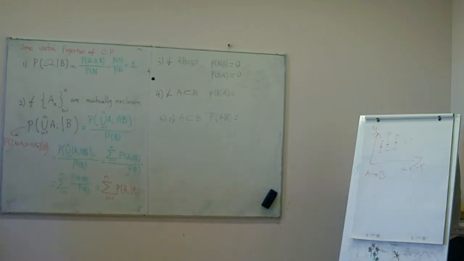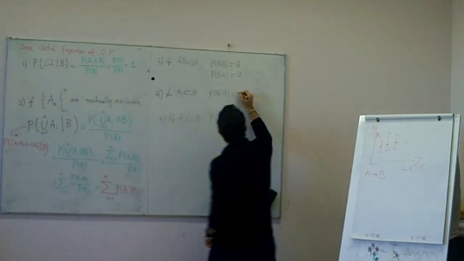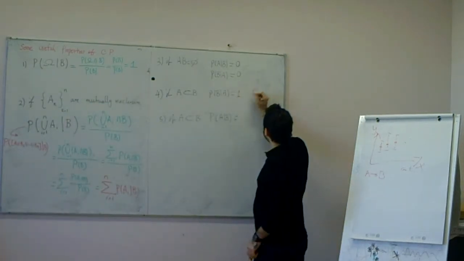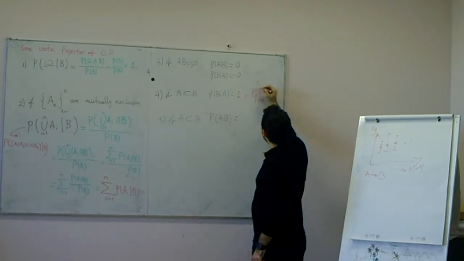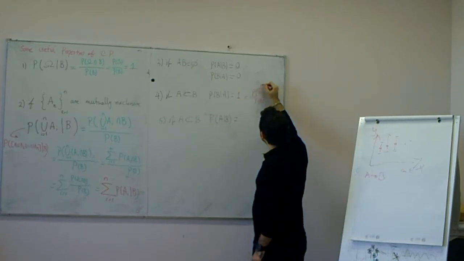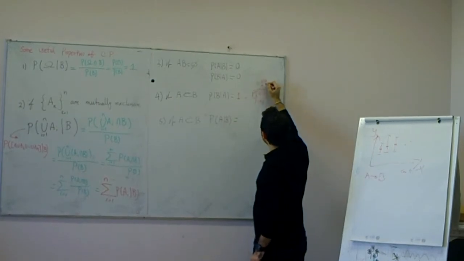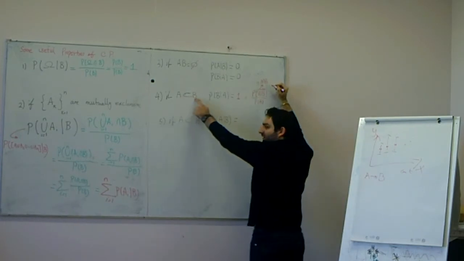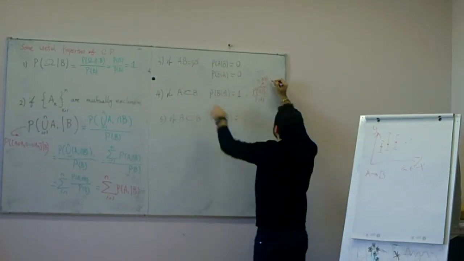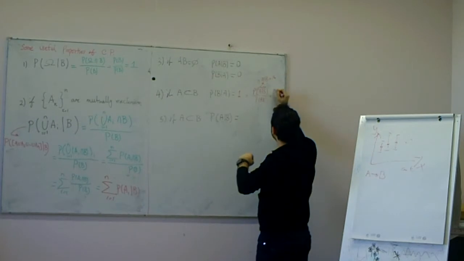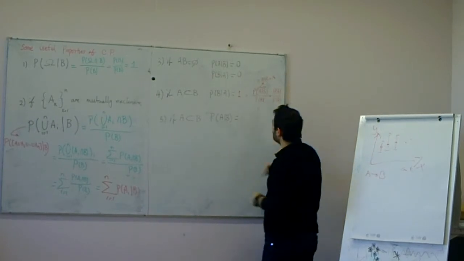This is equal to 1, because this is the probability of AB over the probability of A, and we know that this means A intersection B, and because A is a subset of B, the result will be A, so it is the probability of A over the probability of A, which is 1.